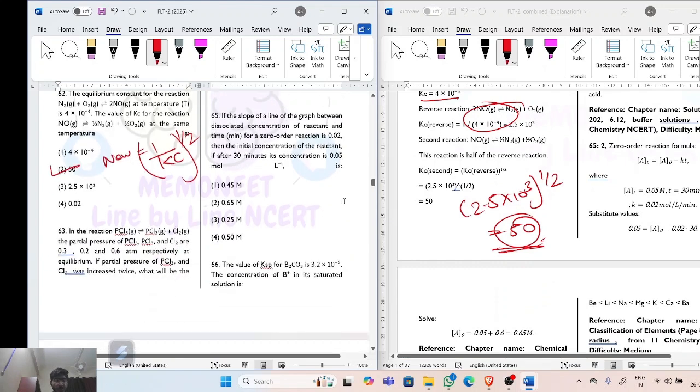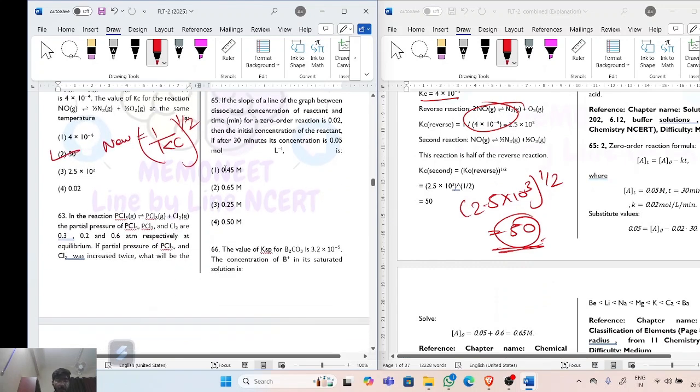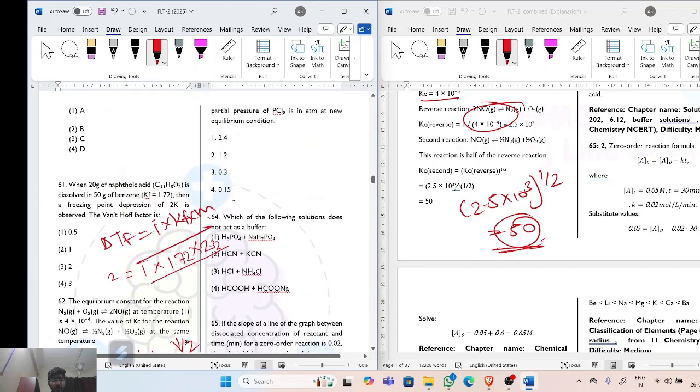Now comes question number 63. In the reaction, PCl5 gives PCl3 plus Cl2. The partial pressures of PCl5, PCl3 and Cl2 are given at equilibrium. If the partial pressures of PCl3 and Cl2 are increased twice, then what will be the partial pressure of PCl5 in atm at the new equilibrium condition?